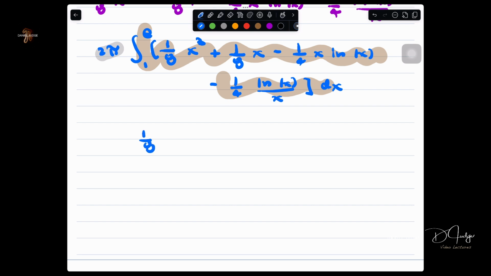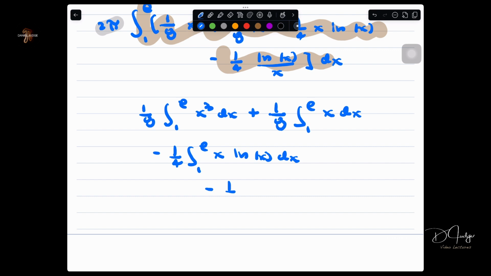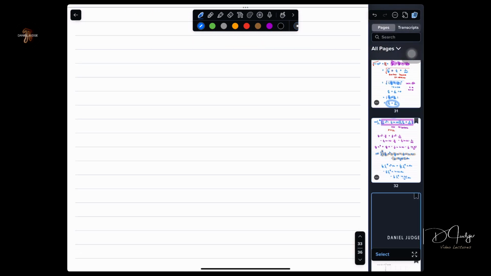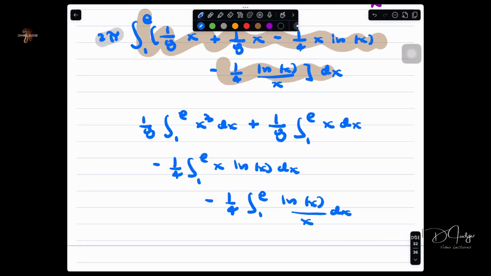This would be 1/8 from 1 to e x cubed dx plus 1/8 from 1 to e x dx minus 1/4 from 1 to e x ln x dx. And then minus 1/4 integral 1 to e ln x over x dx. Okay. This is by properties of integrals.